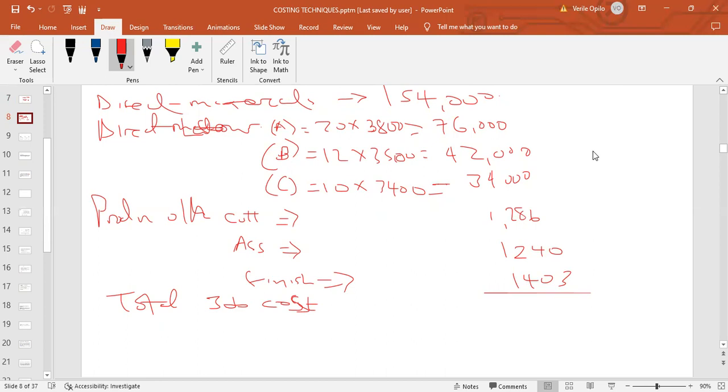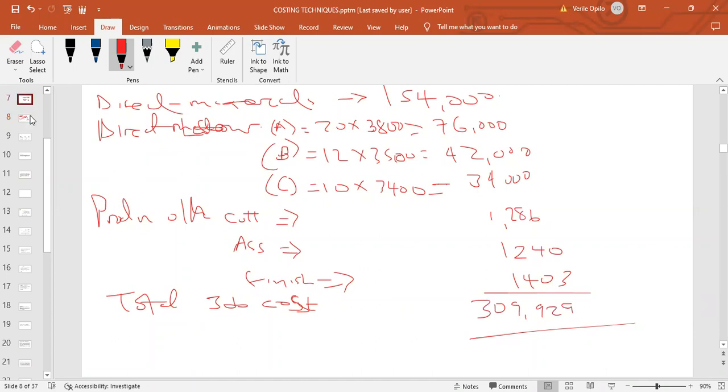Let's compute that. That should give us a total cost of 309,929. Using this value, the question doesn't end here.